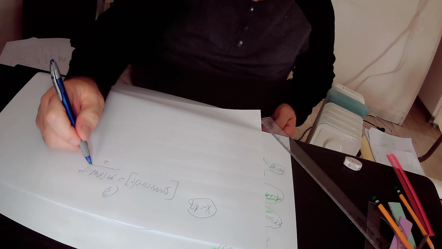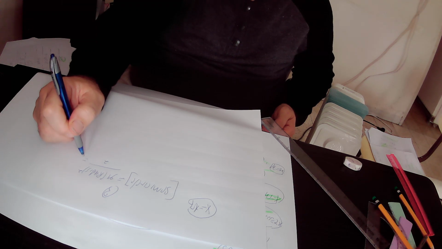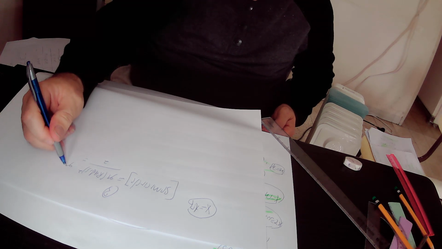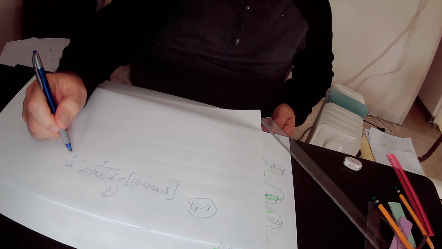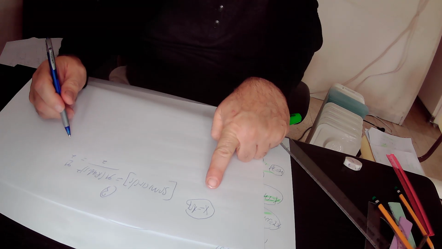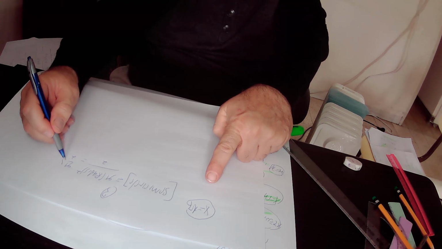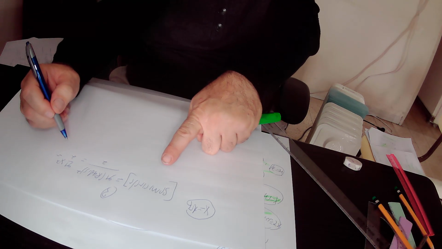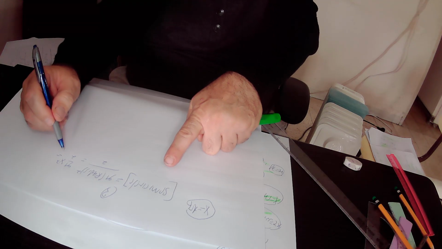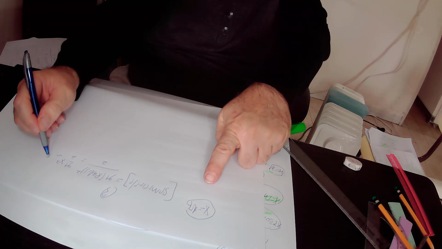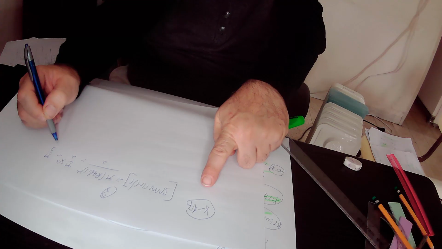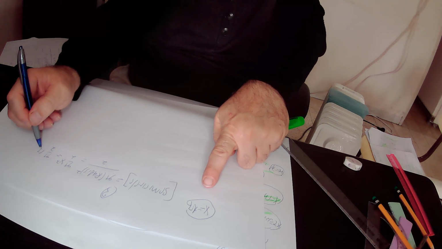Therefore, the area of our semicircle equals pi over 2 times the radius squared. The radius of our semicircle is x, and the radius squared is x squared. So the area equals pi x squared over 2. Since x is 17, x squared is 17 squared.